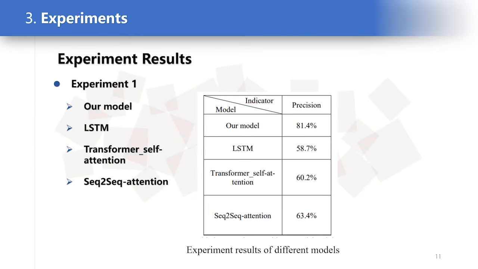We conduct experiments on the following four models through the test samples in the construction document corpus dataset. From the table, it can be seen that the transfer learning method proposed in this paper has a higher precision rate than the commonly used deep learning text error correction models.